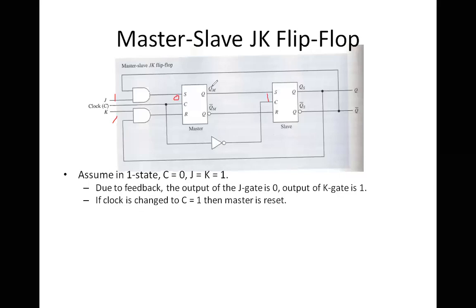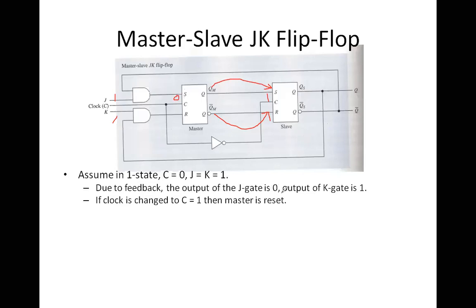Whatever the outputs are here, QM and QM bar, those outputs will come and be available here. Due to the feedback, the output of the J gate is 0. Since this is disabled, there are no outputs. So we are going to get the value 0.